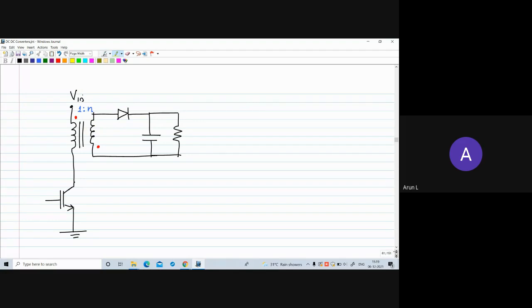Initially some current is flowing into this winding, the primary winding. So magnetic field is building up. There is some flux, some energy stored in the core. There is some flux level, and the moment you open this switch, this diode will be immediately forward biased. So there will be a path for the second winding to release energy into the load.